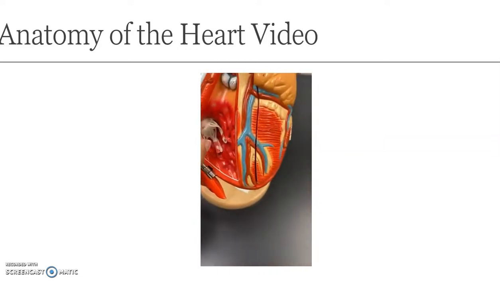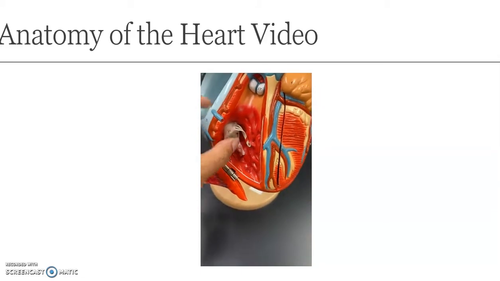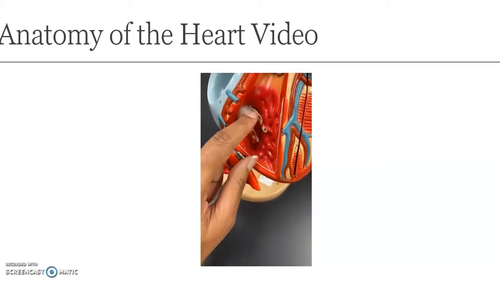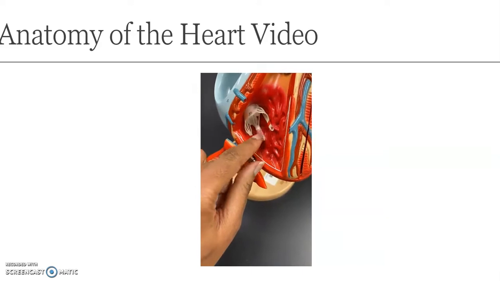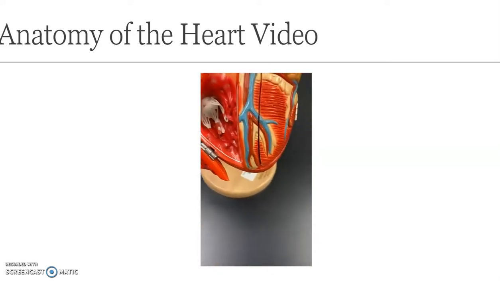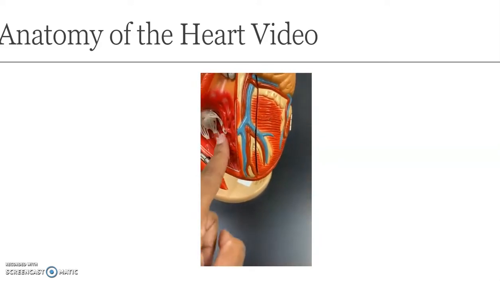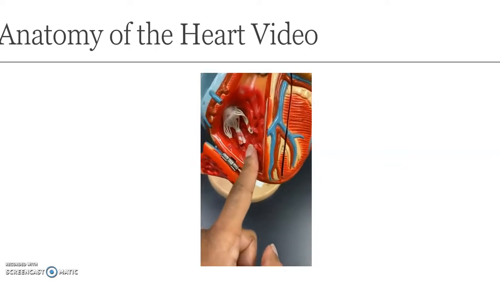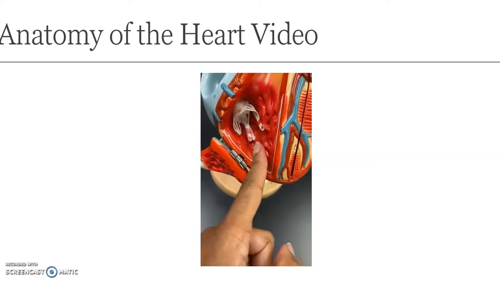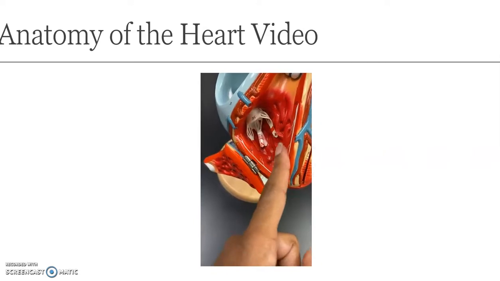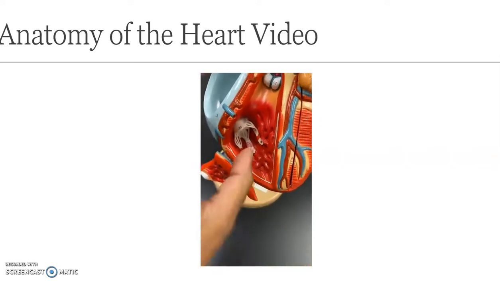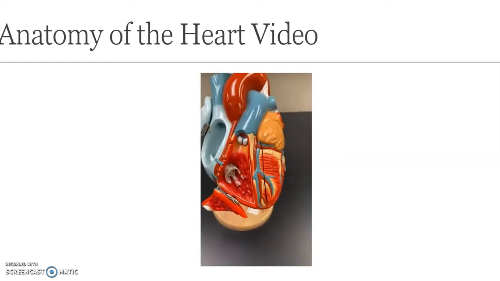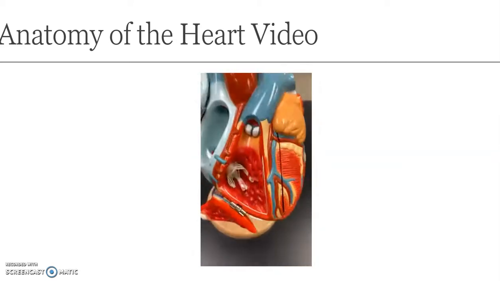So this is our tricuspid valve, these are our chordae tendineae, and these are the papillary muscles. Those papillary muscles are attached to the wall of the ventricle, which you see here, and this raised region is going to be trabeculae carneae muscle. So this is all present within the right ventricle.